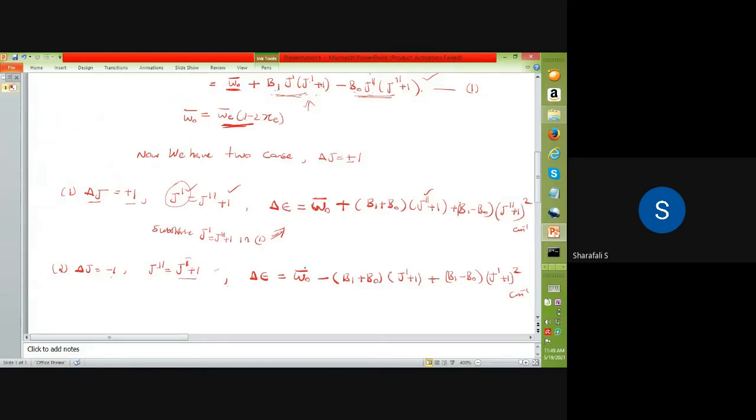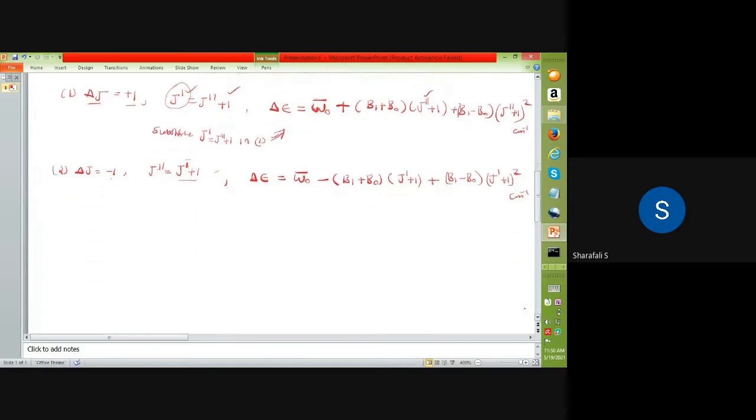That is the second equation. So these are the two equations corresponding to these two different transitions, delta j equal to plus 1 and delta j equal to minus 1.